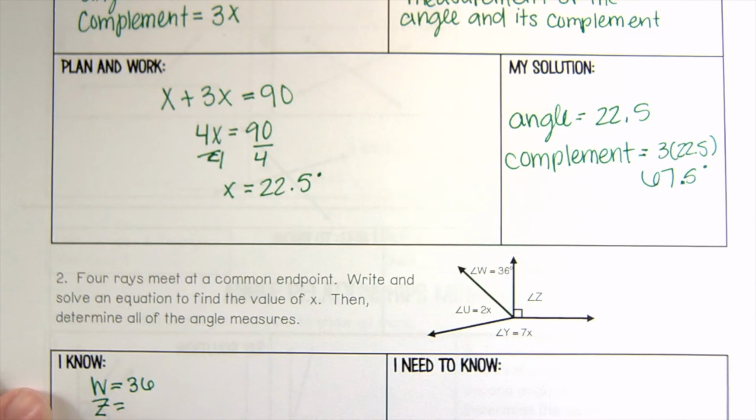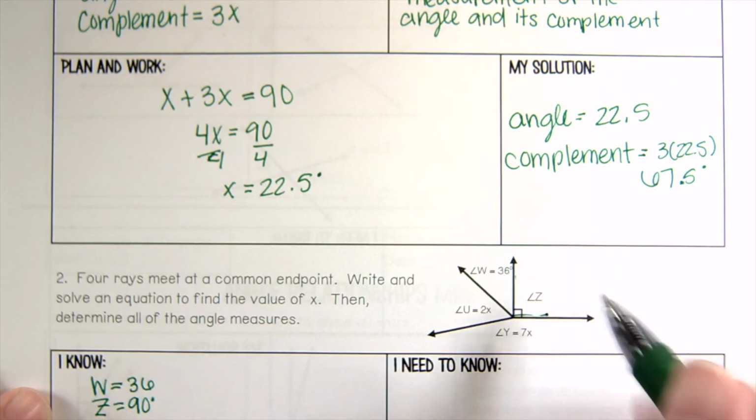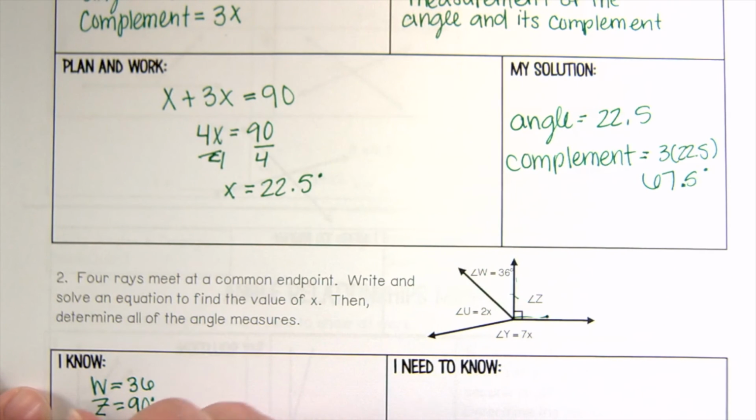How many degrees is Z? 90. It has a right angle marker, so that is 90 degrees. And what do I know when I add up all of these angles? What should they come out to? 360. So when I add up W plus Z plus Y plus U, I should get 360 degrees.